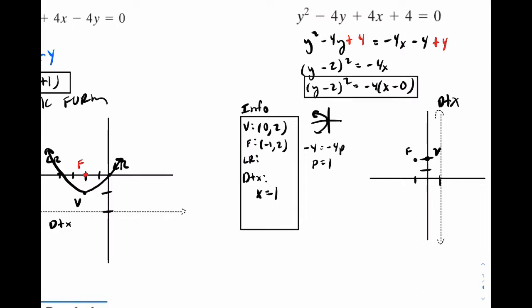And my LR points, if p is 1, I'm just going to go 2 in each direction. Then sketch. And there's our parabola. Let's make it into one nice coordinate using the focus. So I can see the -1 is constant, and then 2 plus or minus 2. So -1 right here, up 2, down 2. That's what this is saying. And we got it.